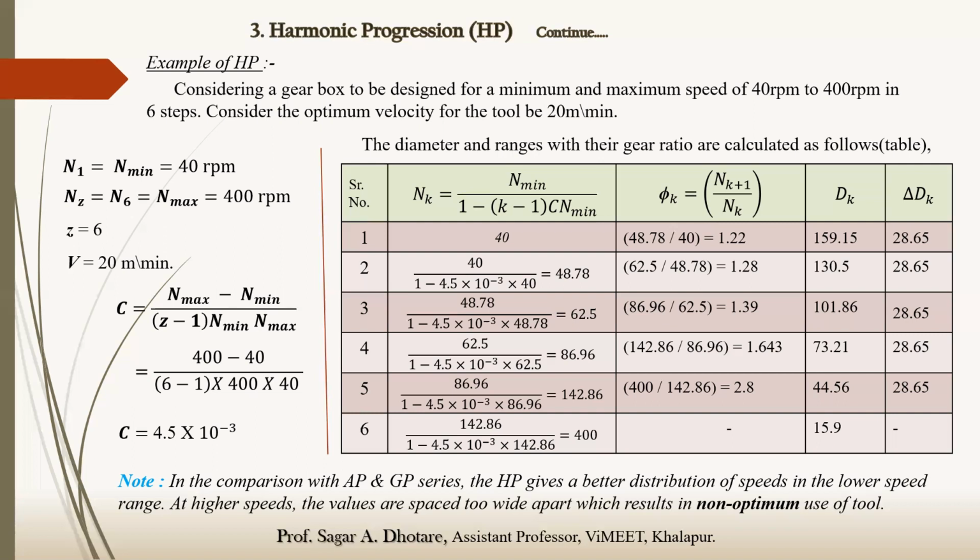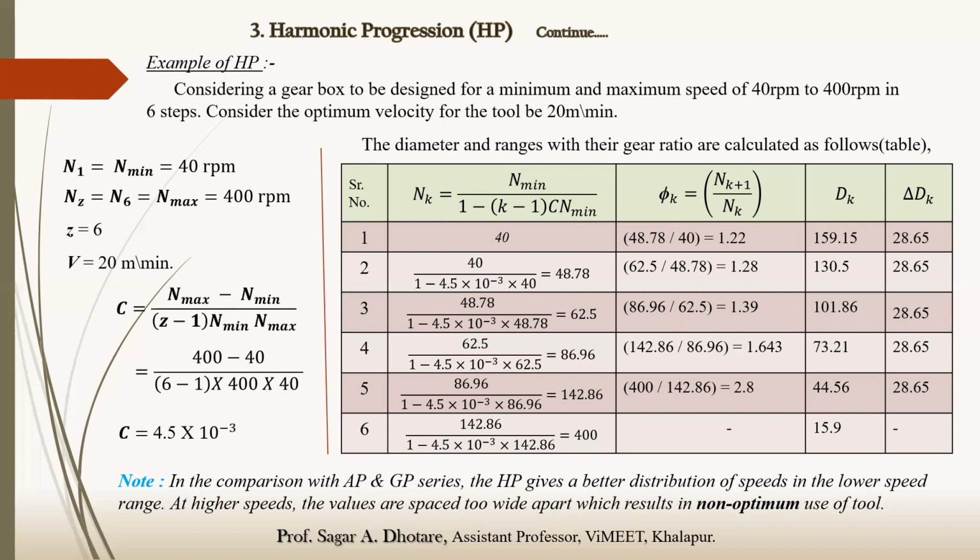What we have seen in comparison with the arithmetic and geometrical progression series is that the harmonic progression gives a better distribution of the speed in the lower speed range. At the higher speed, the values are spaced too wide apart, with the result being non-optimum use of the tool.